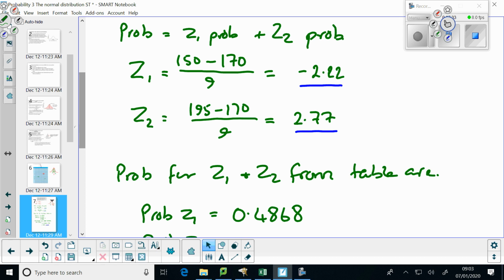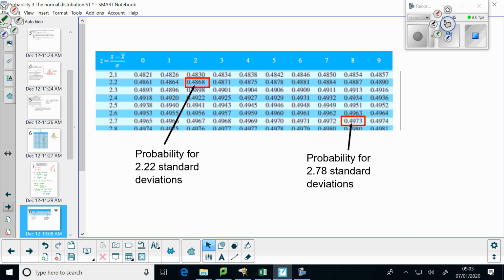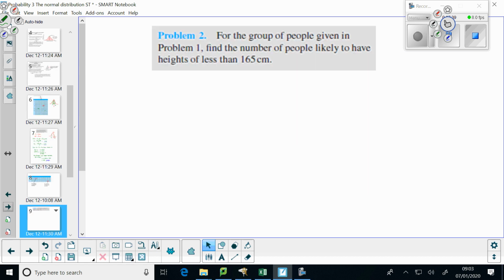Step 2, let's have a look at it. For a group of people, given in problem 1, find the number of people likely to have heights of less than 165 centimeters. So we've got our normal distribution we had before.